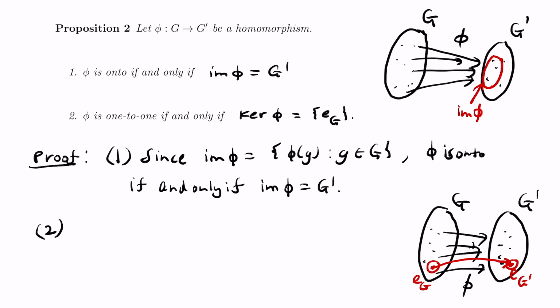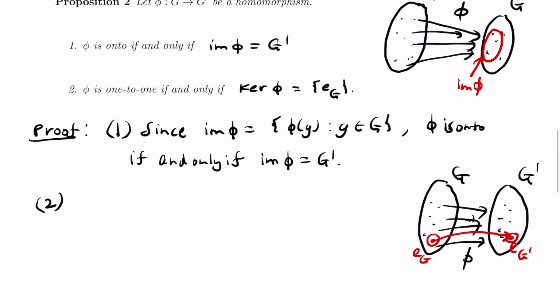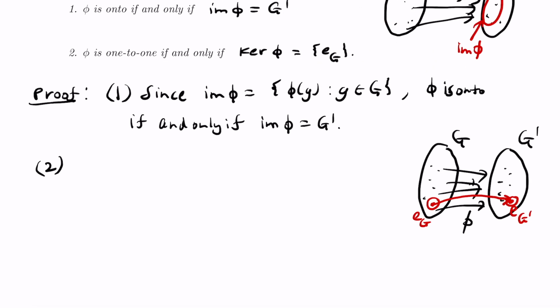So let's get a sense for why it could be the case. One of the things we have to remember here, and I'm going to write this in gray on the side, is that the way to check that phi is 1-to-1 is to check that if you have two things that map to the same thing, if phi of x is phi of y, then x is y.